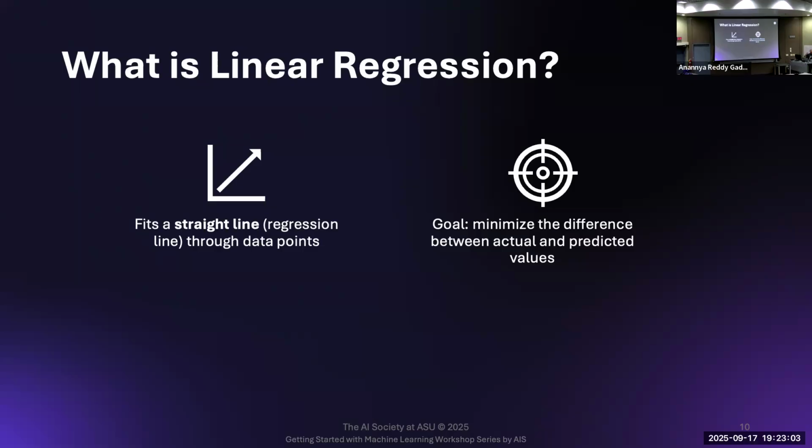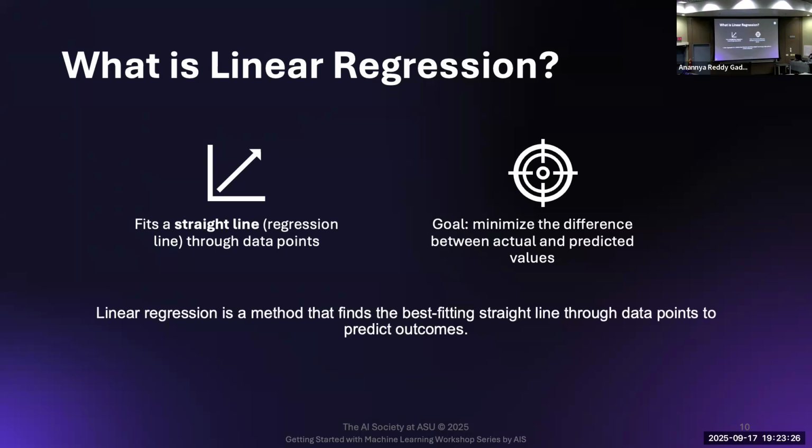We are measuring the distance between the predicted point and the actual point. The less it is, the better the AI model is working. We'll get into a deeper discussion about it, but just remember that we need to minimize the difference between actual values and predicted values. Linear regression is a method that finds the best fitting straight line through data points to predict outcomes.